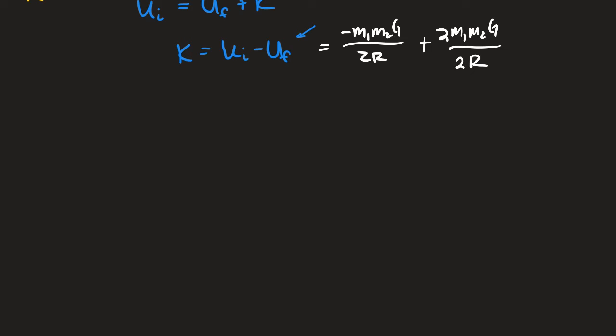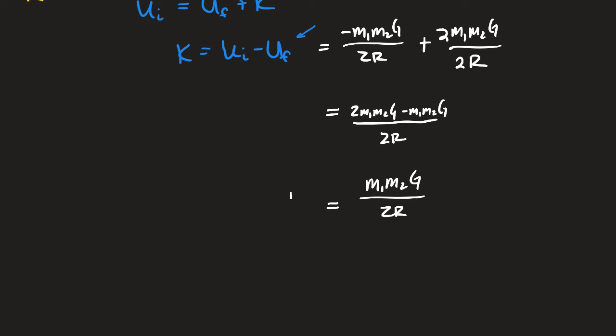Follow so far? Well, with 2 r's in the denominator, I'm going to get 2 m1 m2 g minus m1 m2 g, which clearly gives me m1 m2 g over 2r, and it is explicitly positive.